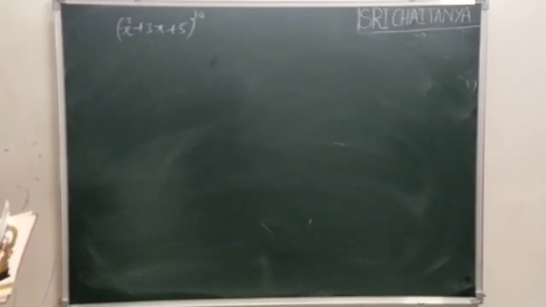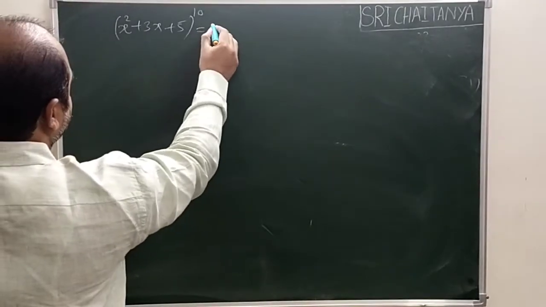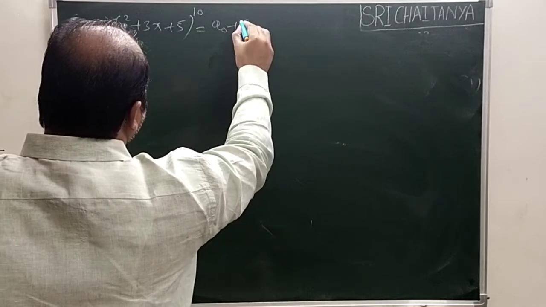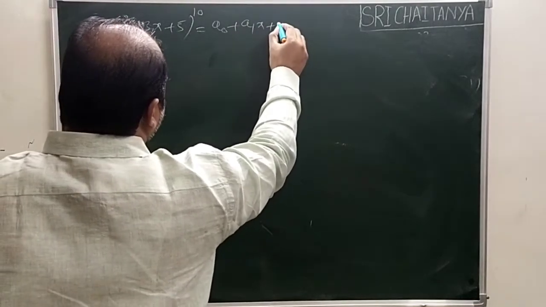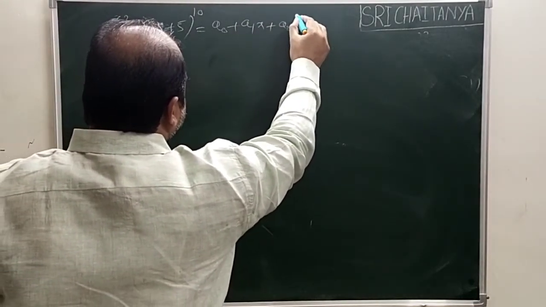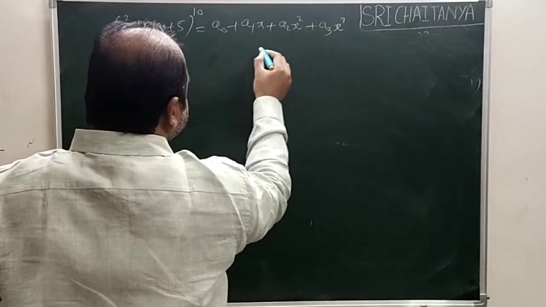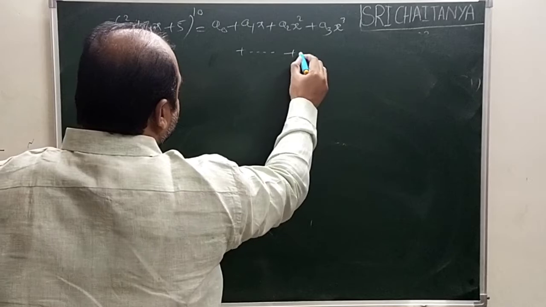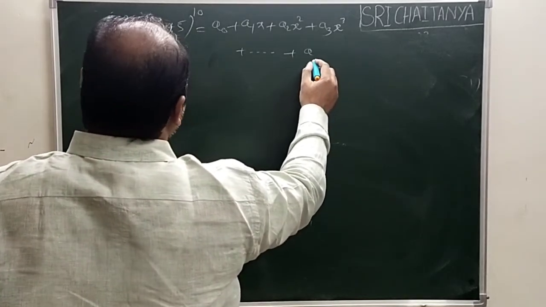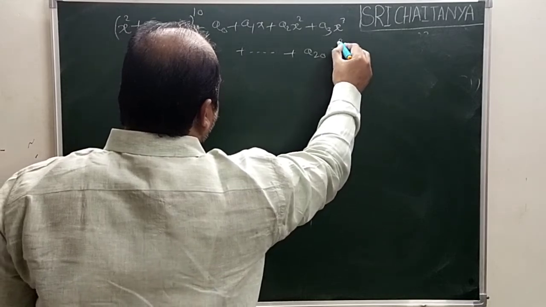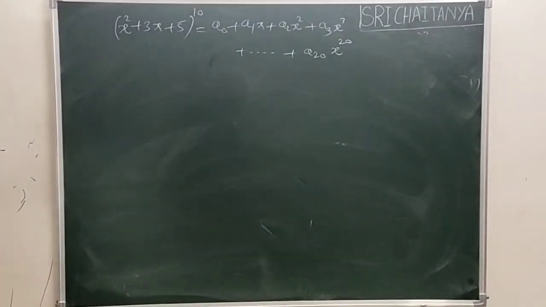This is given like this, equal to a0 plus a1x plus a2x square plus a3x cube and so on, up to a20x power 20.